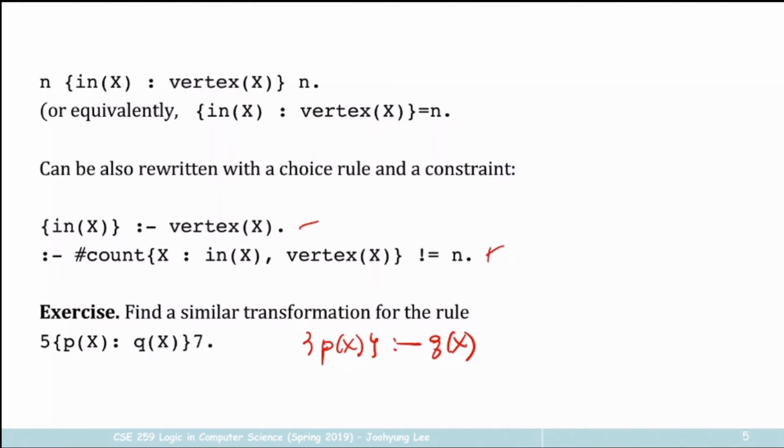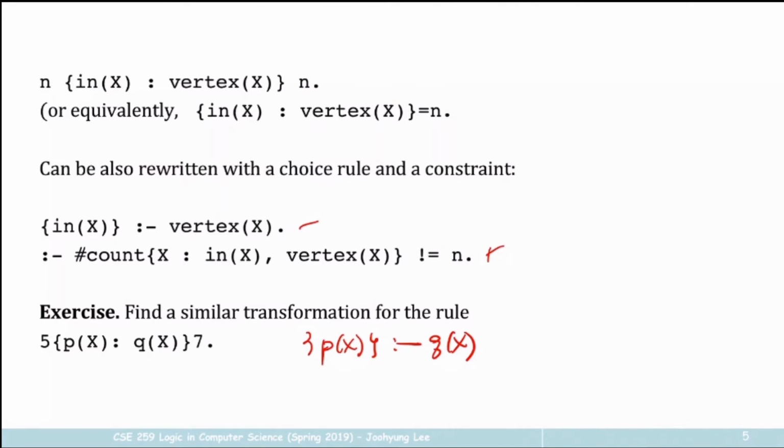Because of that, the set denoted by P is a subset of the set denoted by Q. But then we have to control the cardinality. So this P should contain at least 5 elements and at most 7 elements. How can we enforce this idea?